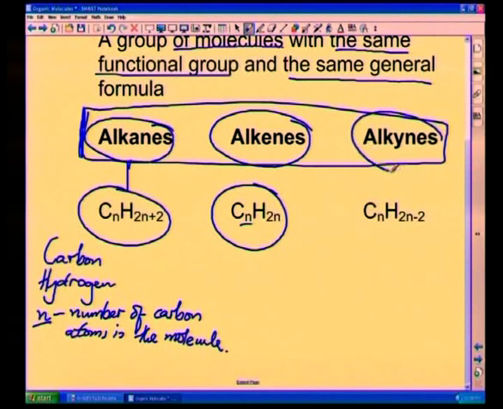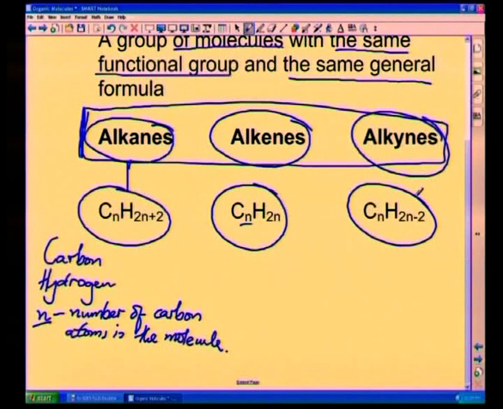Lastly, we have the alkynes, and in the same way, their homologous series general formula is CnH2n-2. Again, N is the number of carbon atoms in the molecule, C is carbon atoms, H is for hydrogen atoms.